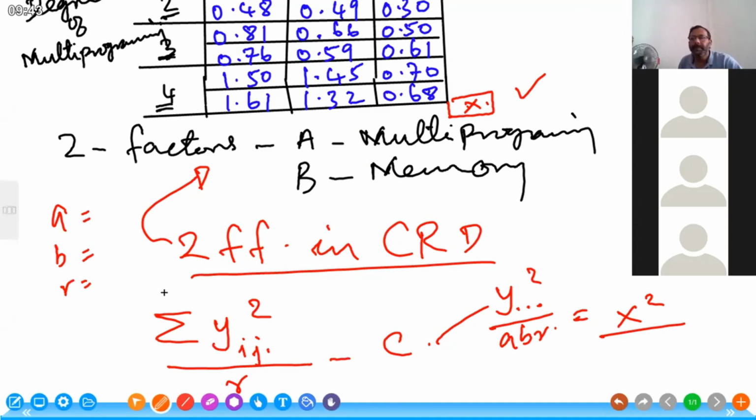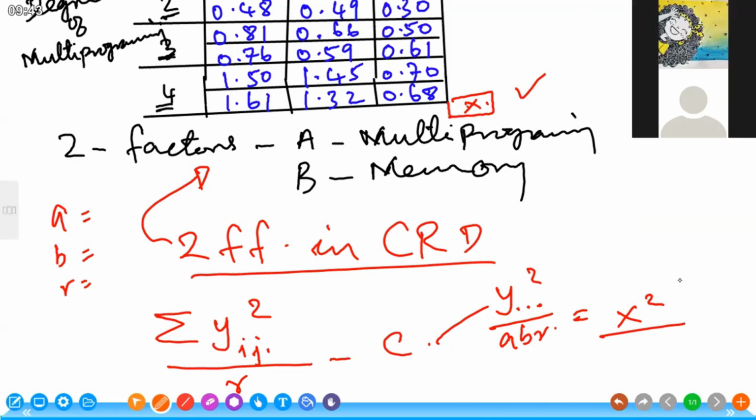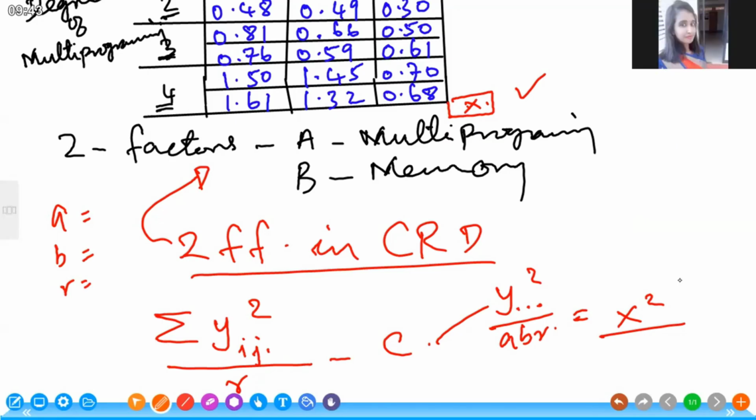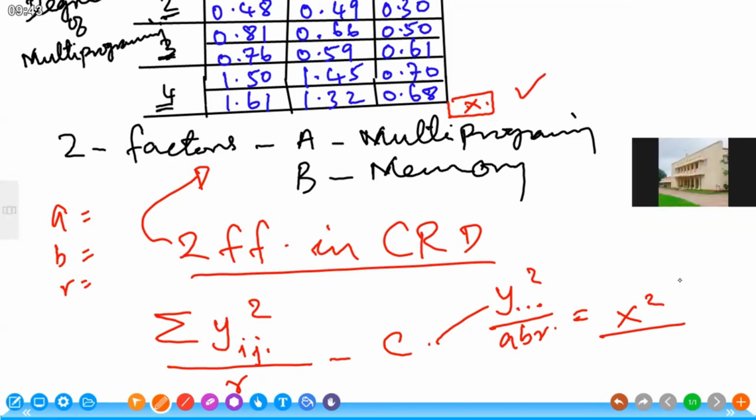What is the level of A? 4 levels. Yeah, good. What is the level of B? 3 levels. Yes, good. What is the level of R or the replicate?